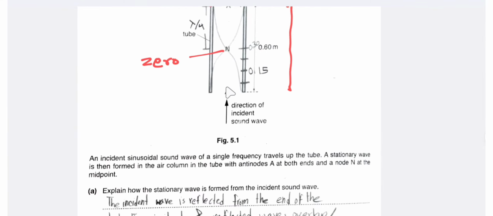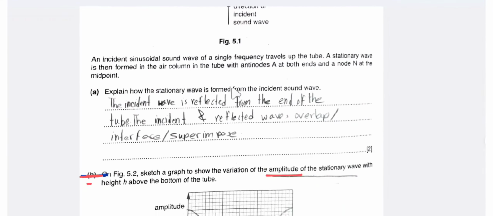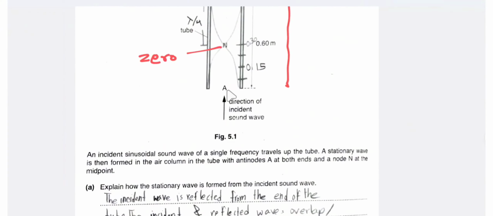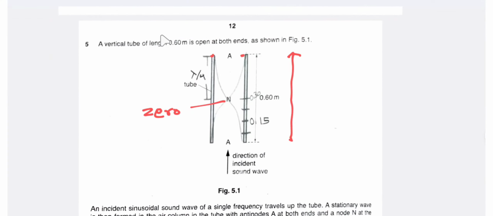And what is the overall length of the tube? The total length is 0.60 meter, and at the antinode there is maximum amplitude, at the beginning and at the end.